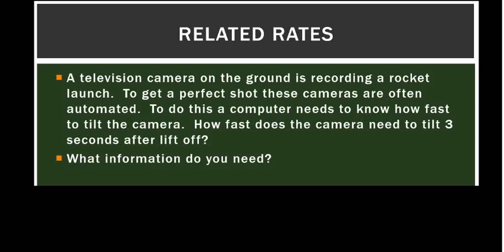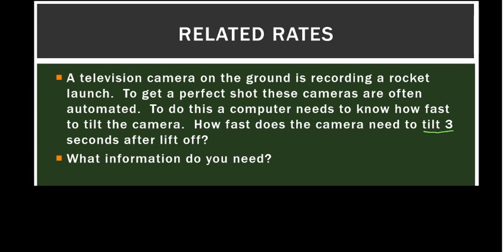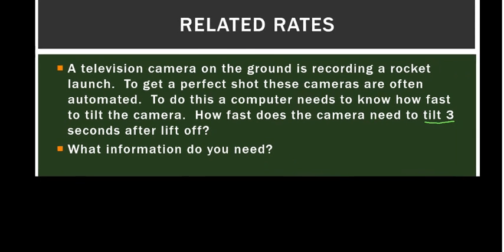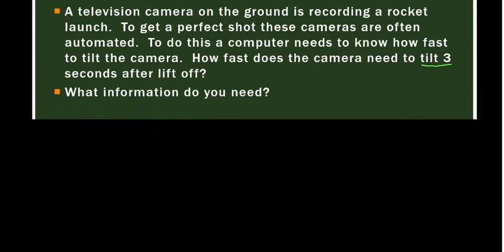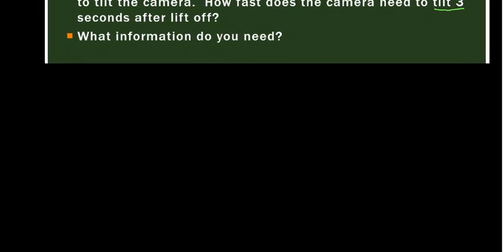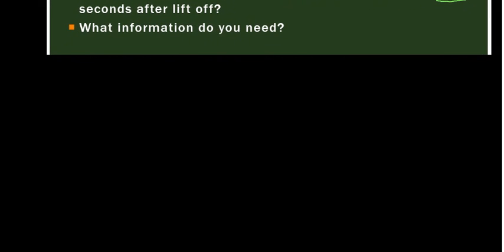We want to know how fast to tilt the camera 3 seconds after liftoff. We've got a rocket that's going up and a camera that's tracking it as it's going up. I'm going to come down here a ways and start to draw that picture. It's going to be a bad picture. So here is the camera. And then we've got a rocket here.